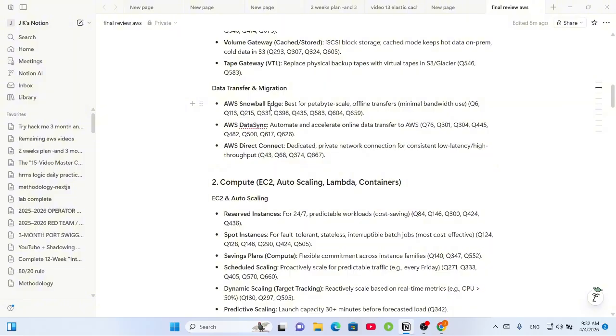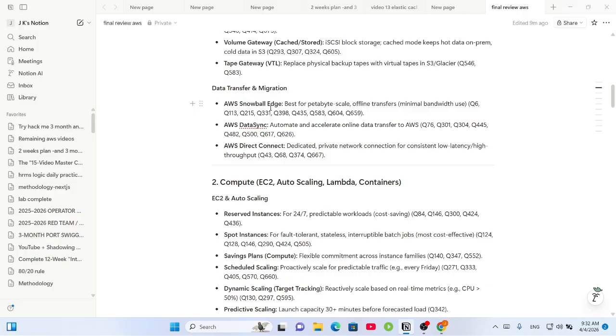AWS DataSync automates and accelerates online data transfer to AWS. This also has a lot of questions, eight questions here. AWS Direct Connect is a dedicated private network connection for consistent, low latency, high throughput.